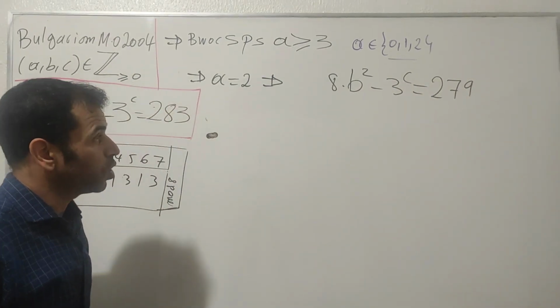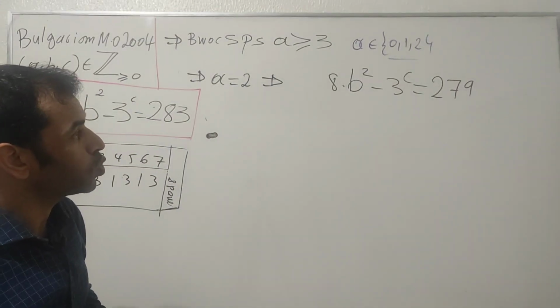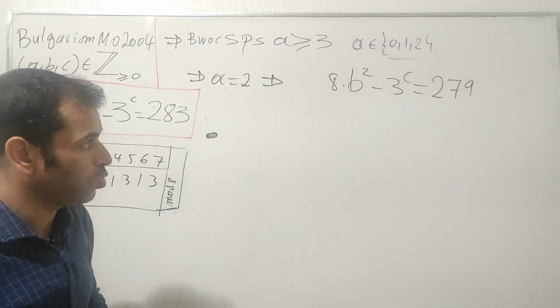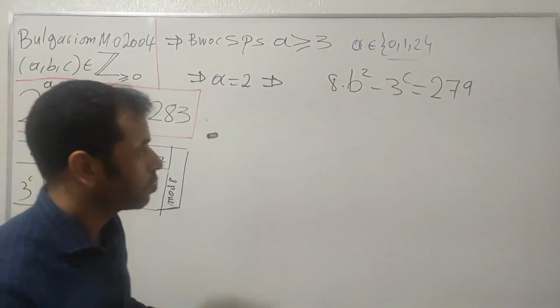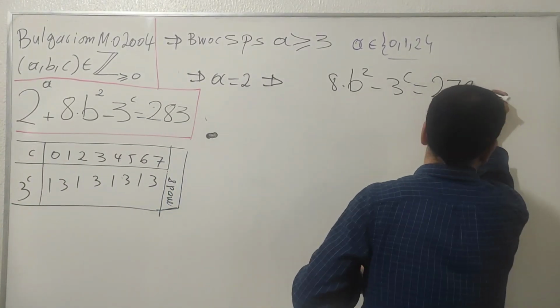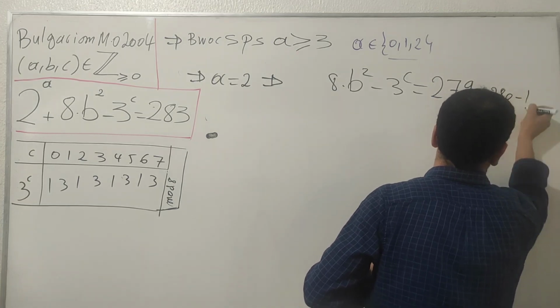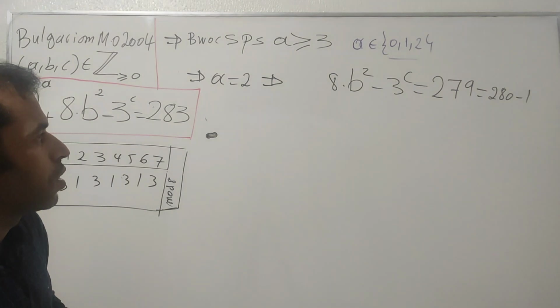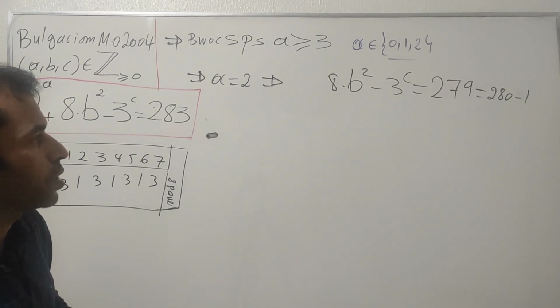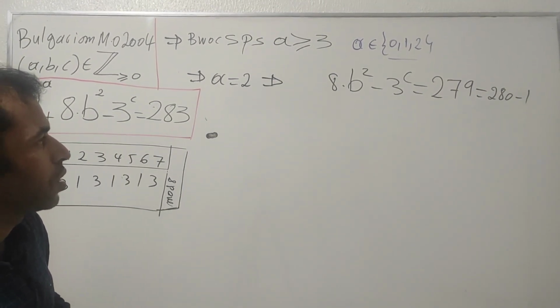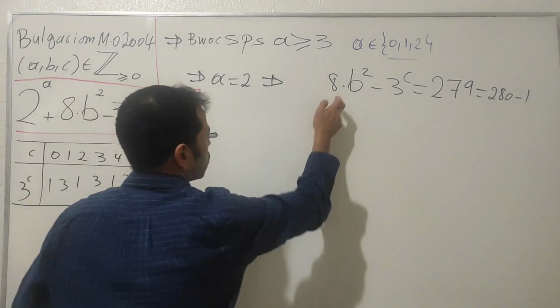Now let's do a little work here. I'm going to reduce the equation mod 8. But before we do that, I would like to say 279 is the same as 280 minus 1. So by reducing the equation mod 8, I get this one 0.